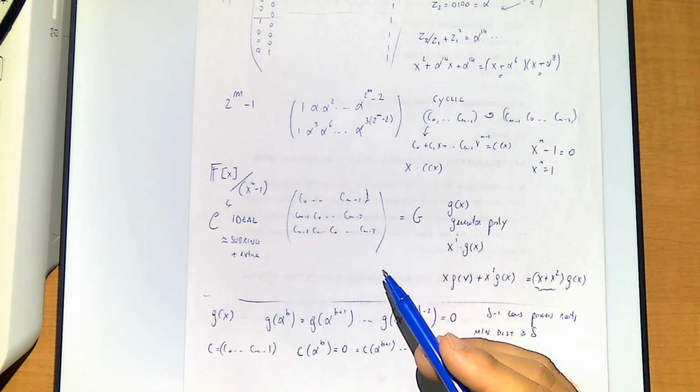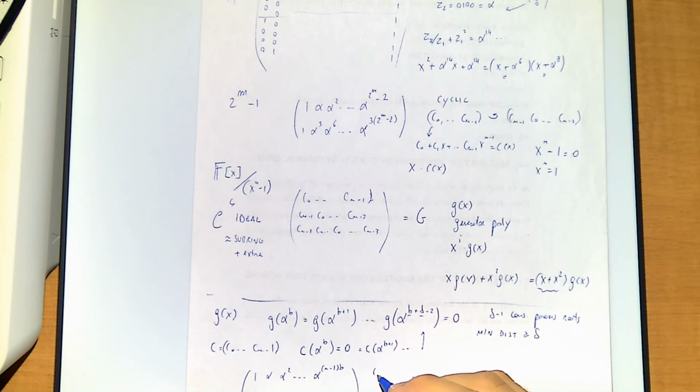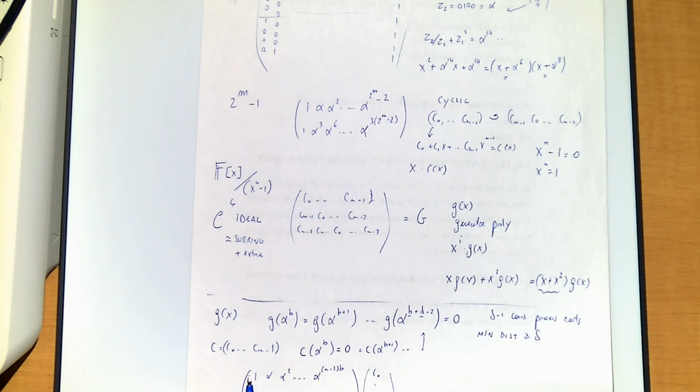So that means that if I take 1, alpha to the b, alpha squared to the b, all the way up to alpha to the n minus 1 times b, and I multiply this by c0 to c n minus 1, this is c0 times 1 plus c1 times alpha. This is exactly c evaluated in alpha to the b. And then I do this for the next one, and I get 1, alpha to the b plus 1, and then alpha to the n minus 1 times b plus 1.